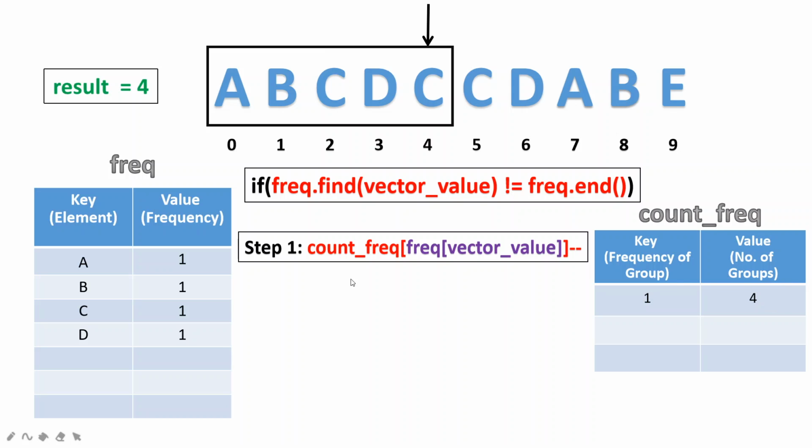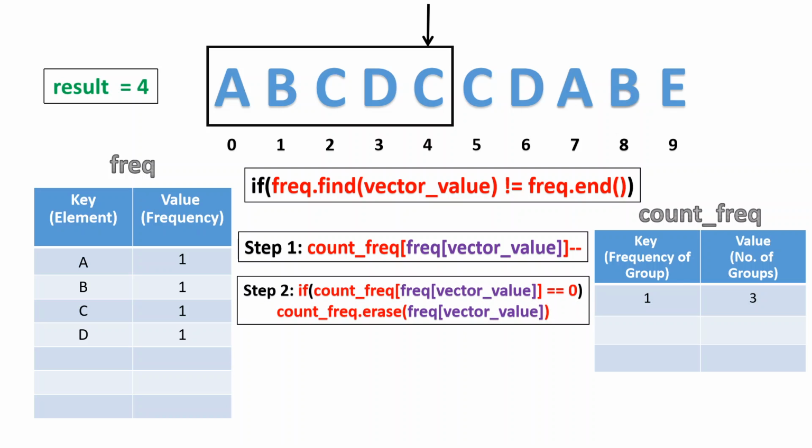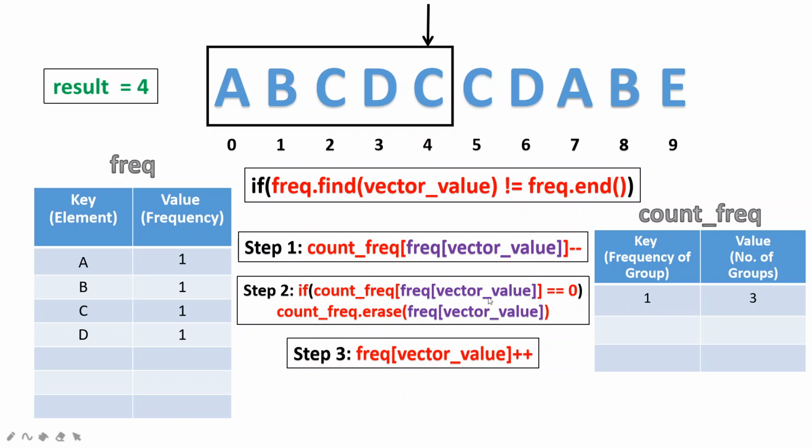That's why for the frequency value of C, that is 1, the corresponding value, that is 4, is decremented, and that becomes 3. Now step 2 is to check whether the decremented value is 0 or not. So 4 became 3 and it's not 0, hence we move to step 3, that is frequency vector value plus plus.